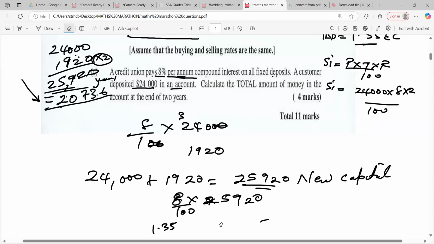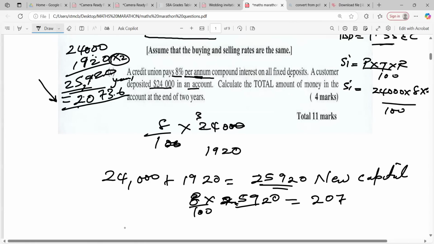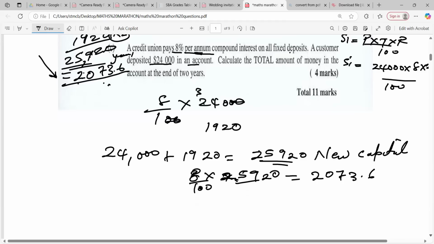Somebody find 8% of the 25,920 for me, please. 2,073.6. Yeah. So now these are the new interests. We have to add this to the next total, which is 25,920 plus this now, and that should give you the correct answer.